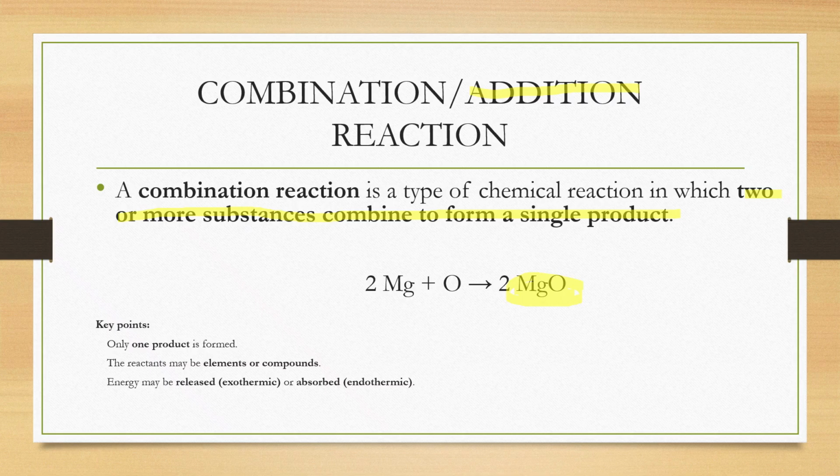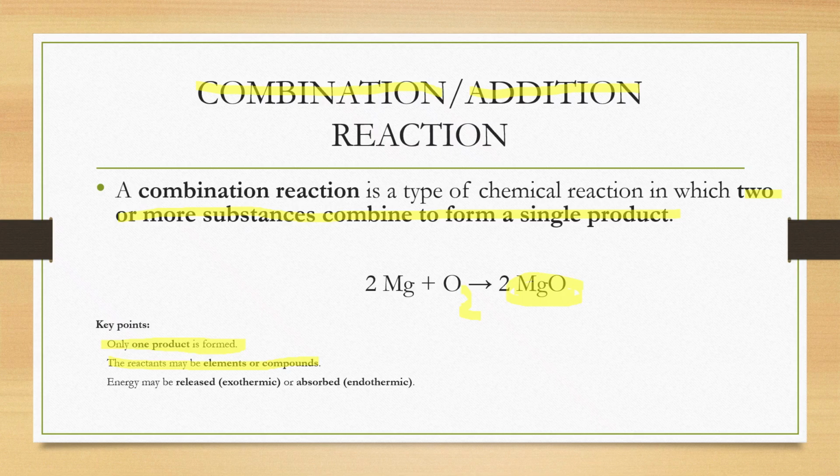Here are some key points which you have to understand: there is only one product formed. So if the question asks to identify the type of reaction, and you see that there is only a single product, then it is for sure an addition reaction or combination reaction. The reactants can be elements or compounds.